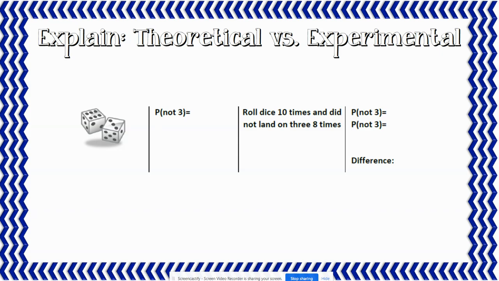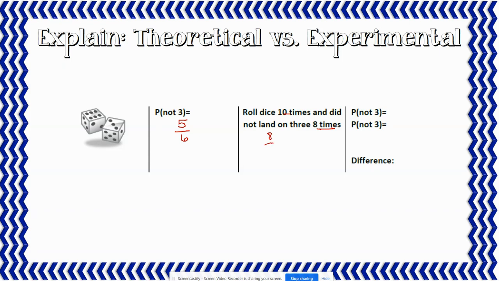For our die, we're looking for the probability of a number not being a 3. Well, there are 5 numbers on a die that are not 3 out of 6 total numbers. So the theoretical probability of not landing on a 3 is 5/6. The experimental probability is that we did not land on a 3 8 times out of 10.